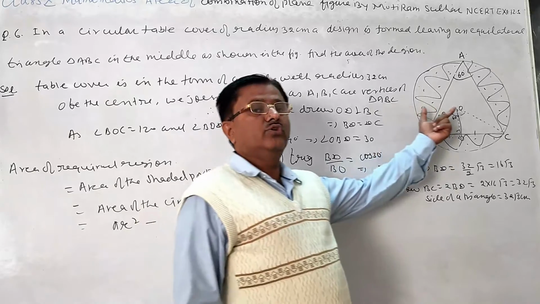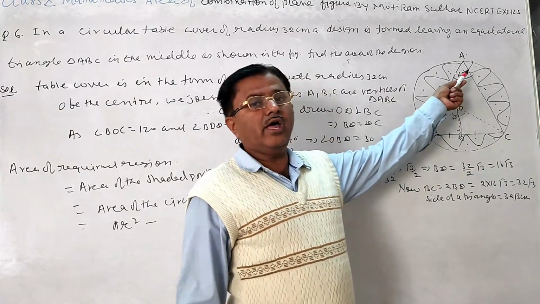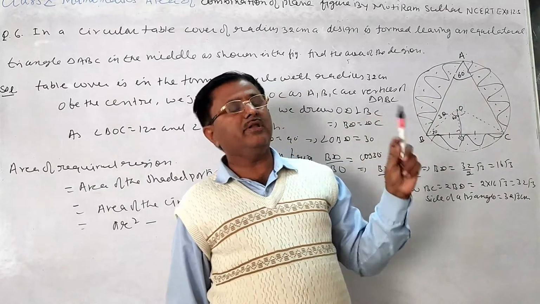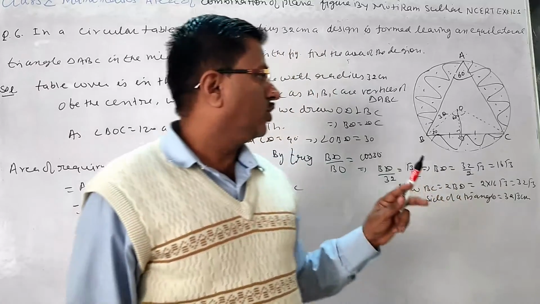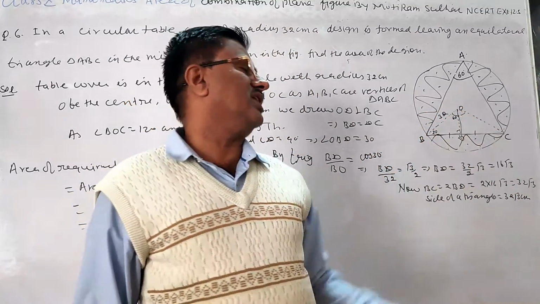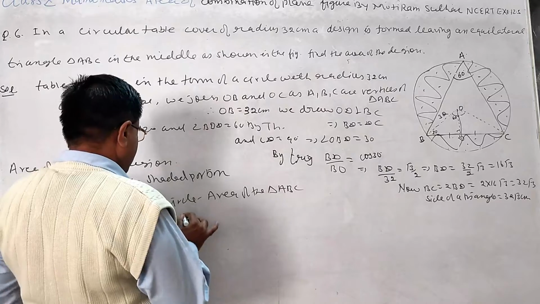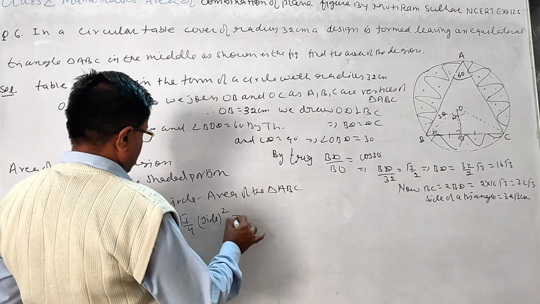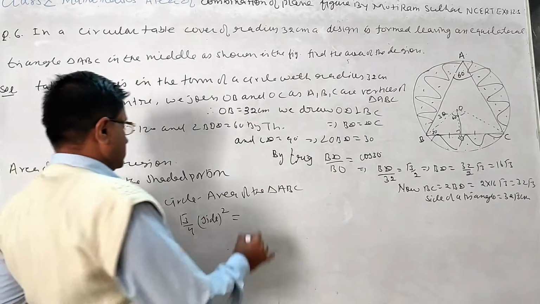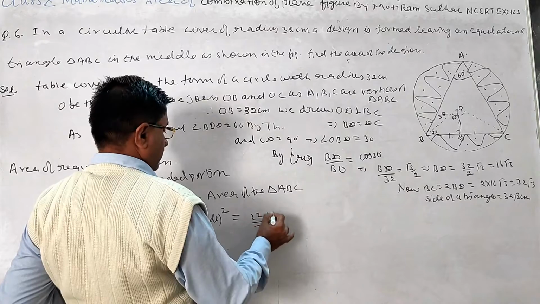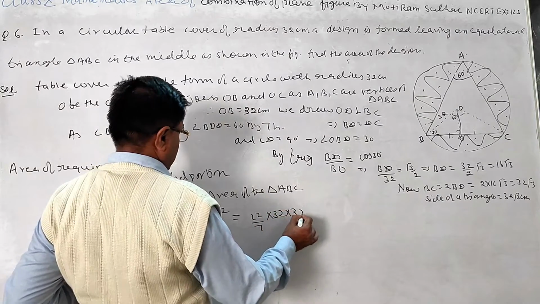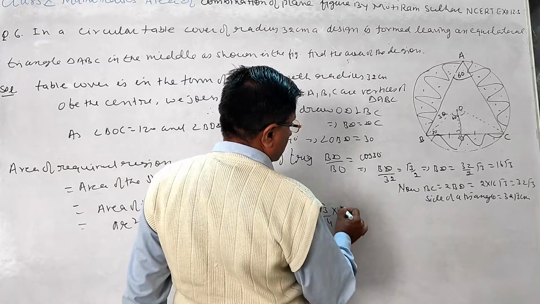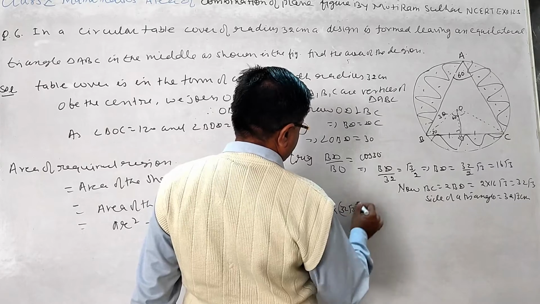Now dear student, you can see this triangle is an equilateral triangle, and as you know the area of an equilateral triangle is root 3 by 4 into side square. So you can write here root 3 by 4 side square. Put the values, pi as 22 by 7, radius as 32 into 32, minus root 3 by 4 into side, that is 32 root 3, square.